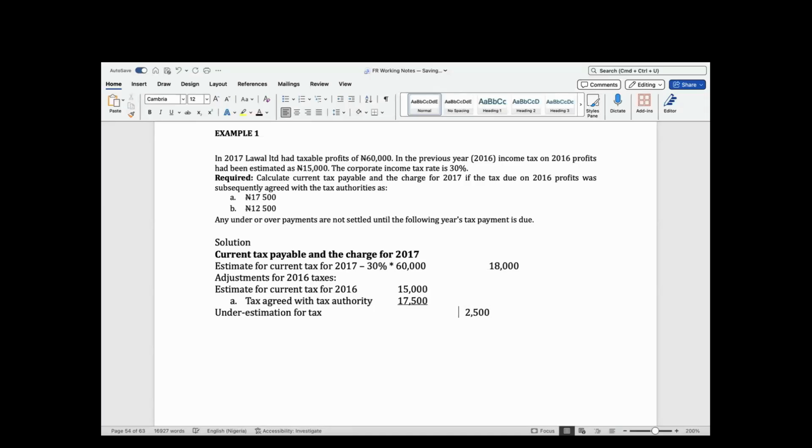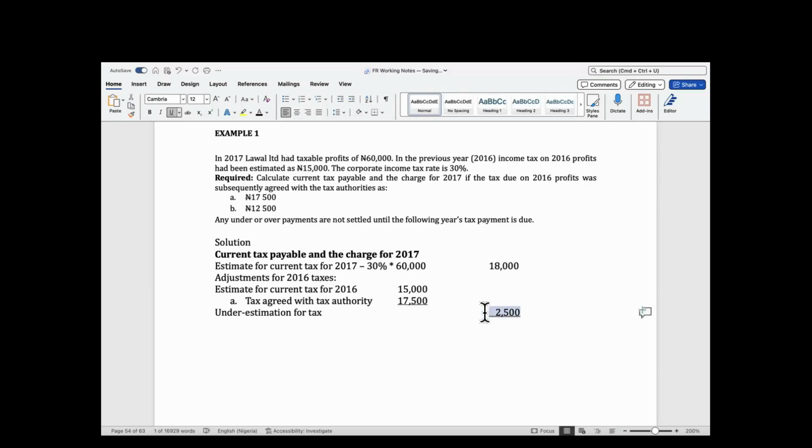Because we had underestimated for tax, that's the name we call this 15. I'm sure the person that said temporary difference didn't join us from the beginning. So this underestimation for tax is going to be considered this year.